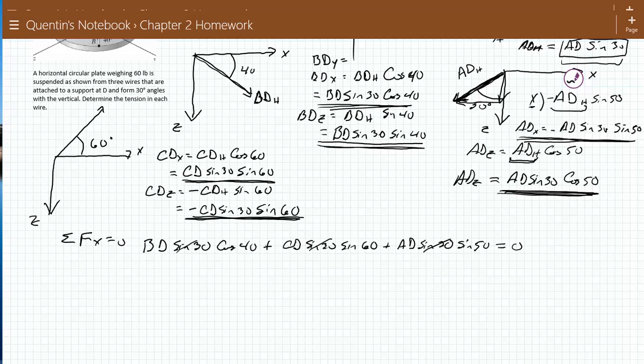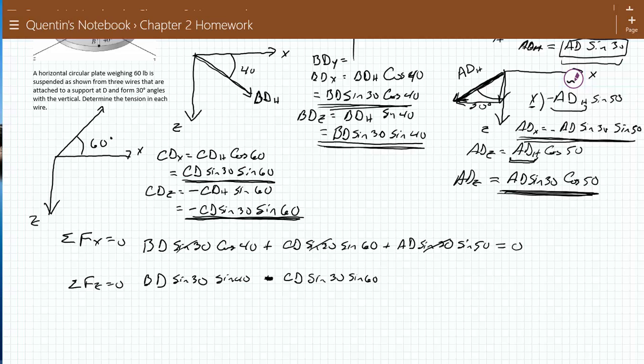So that's one of your equations, and then the other equation is the sum of the forces in z equals 0. So what do we have? We have BD sine 30 sine 40, minus CD sine 30 sine 60.